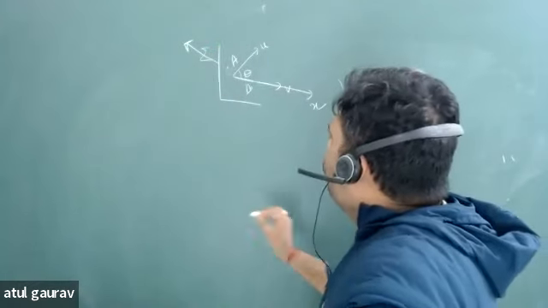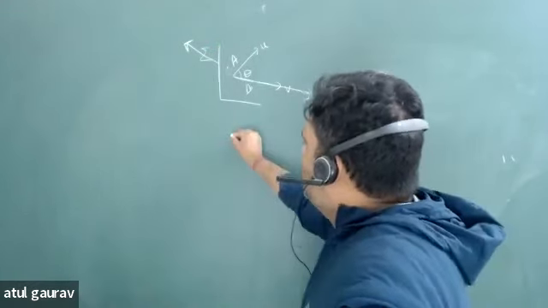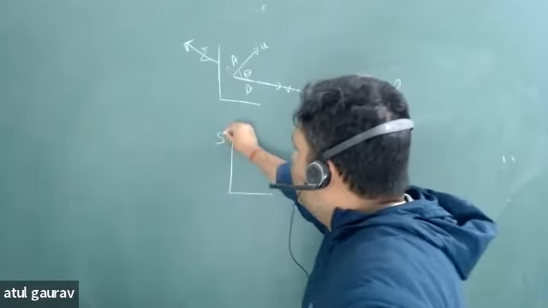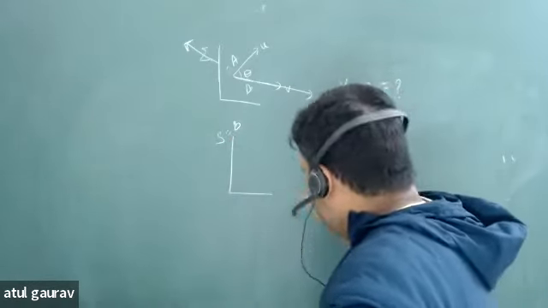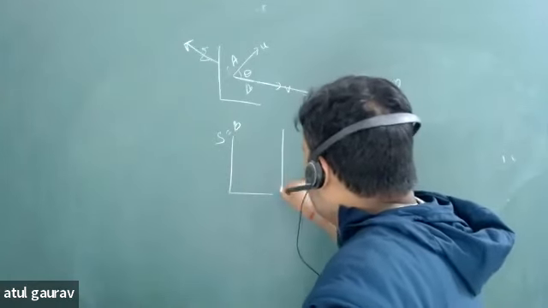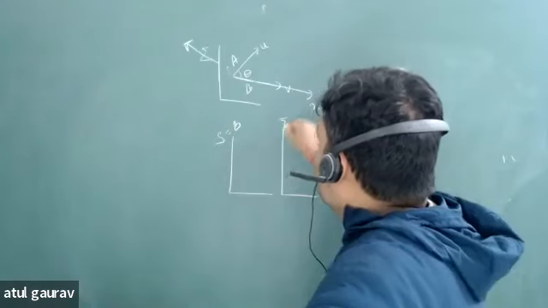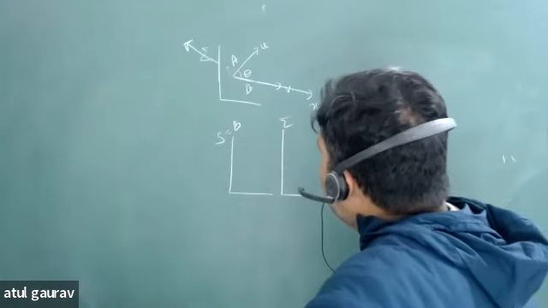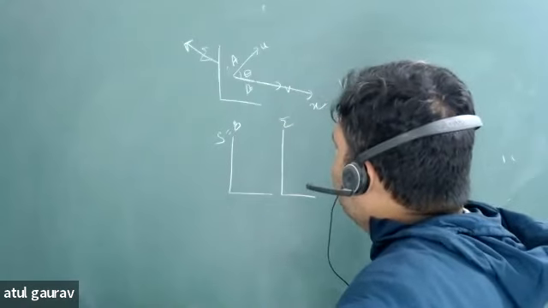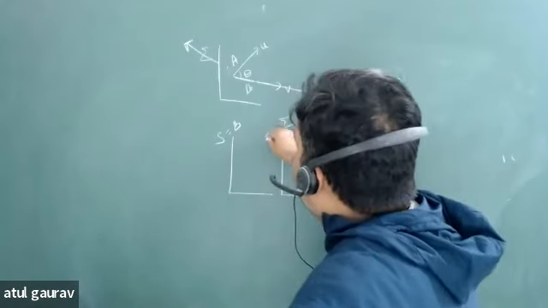So now, what will be your picture? This is your S frame, that is B actually, and this is your x-axis, and this is your sigma. And sigma is moving in which direction? Negative x direction.